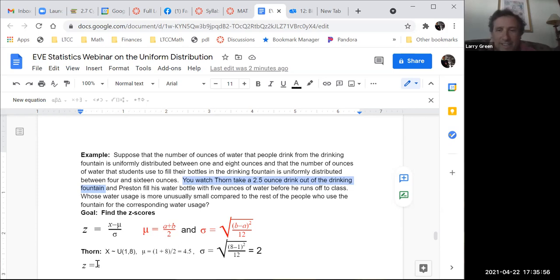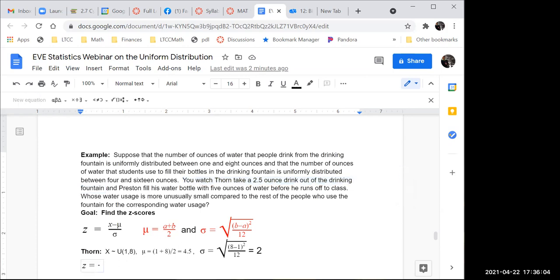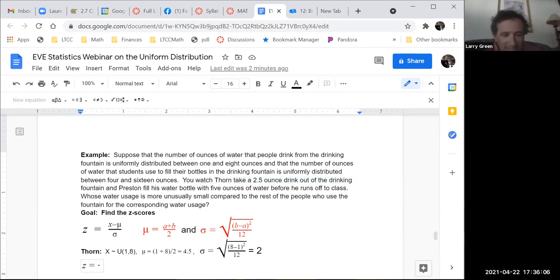Are y'all paying attention? 2.5. Yeah, 2.5. It's not a trick question because it says 2.5 was the amount that Thorne took out. It's not a mean, it's not a standard deviation, it's the value. So it's 2.5 minus, the formula says we're supposed to take x minus mu.